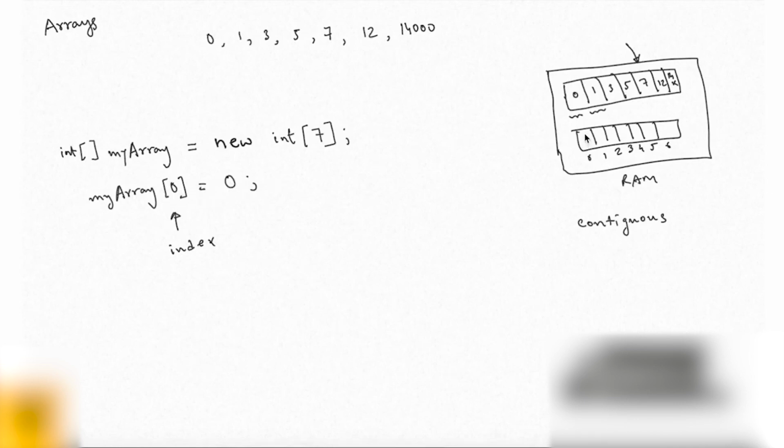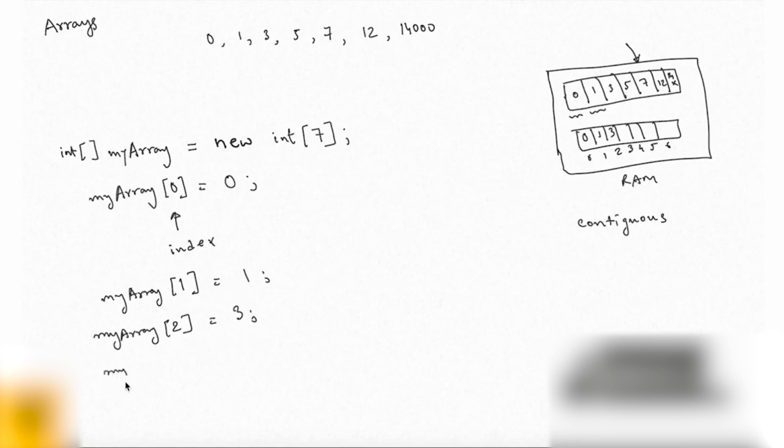So the value would be assigned here. Then we can say my array 1 equals 1. At that point, the second location would have the value 1. And then we'll say my array 2, and this is the third location, and at that point, we want to store 3.